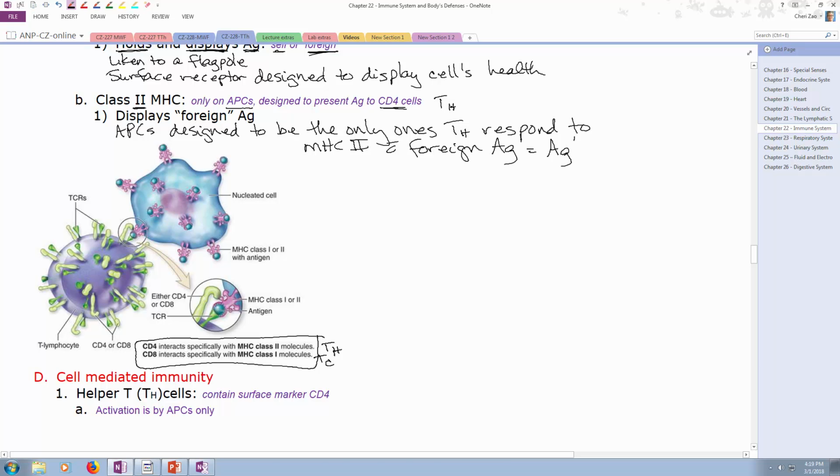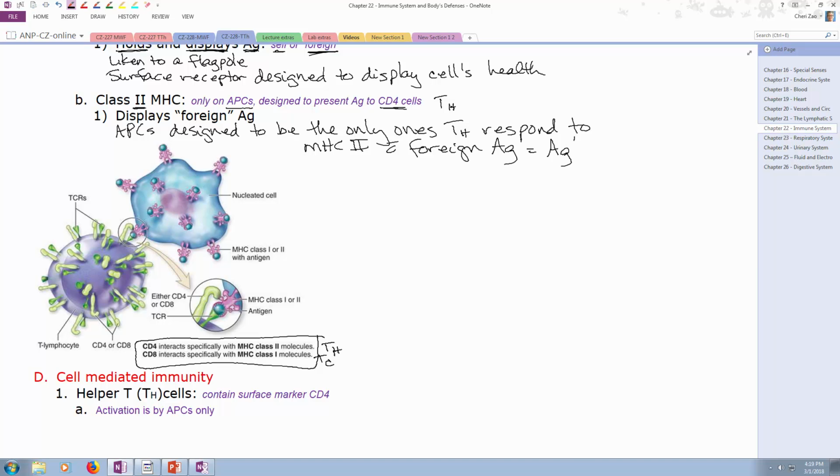Those are the ones that are actually going to engage in what I call hand-to-hand combat. So for this nucleated cell here, one thing we know is that if it's a nucleated cell, it has MHC1 on its surface, no matter what cell it is. As long as it has a nucleus, we already know it's got MHC1 on it.